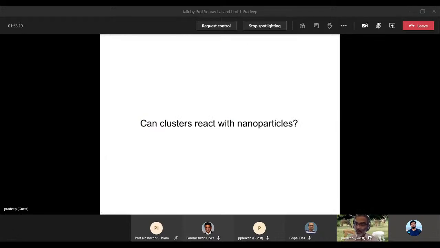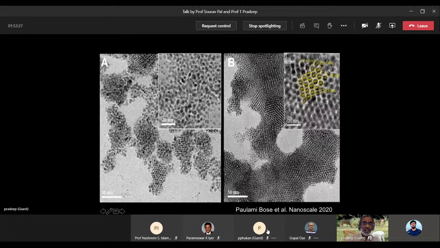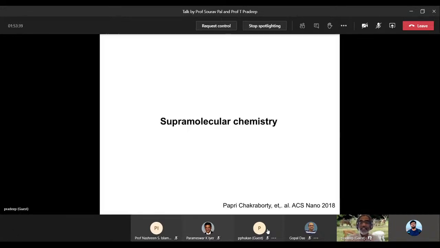You know, clusters, of course, are one category of materials, but there are nanoparticles. Can they react? These are traditional, polydispersed nanoparticles, but they react with clusters and become extremely monodispersed nanoparticles. So it is a very fast reaction.